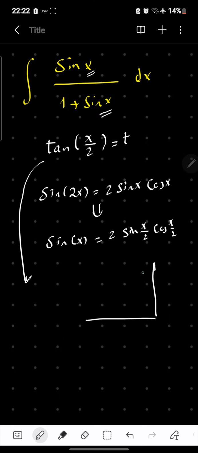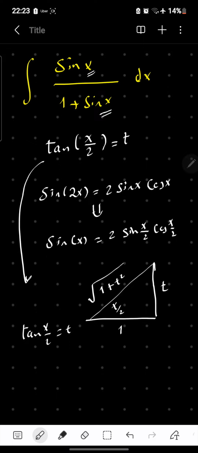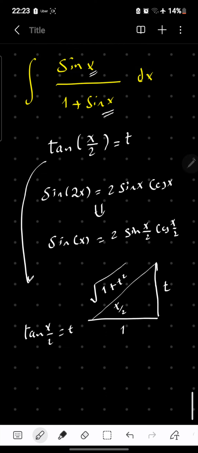If I have a right angle like this one, this angle x over 2, and I'm saying tan x over 2 is equal to t, the given substitution, the tangent of x over 2 is t, so the opposite over the adjacent is t over 1, and the hypotenuse will be square root of 1 plus t squared. I think you know this very well.